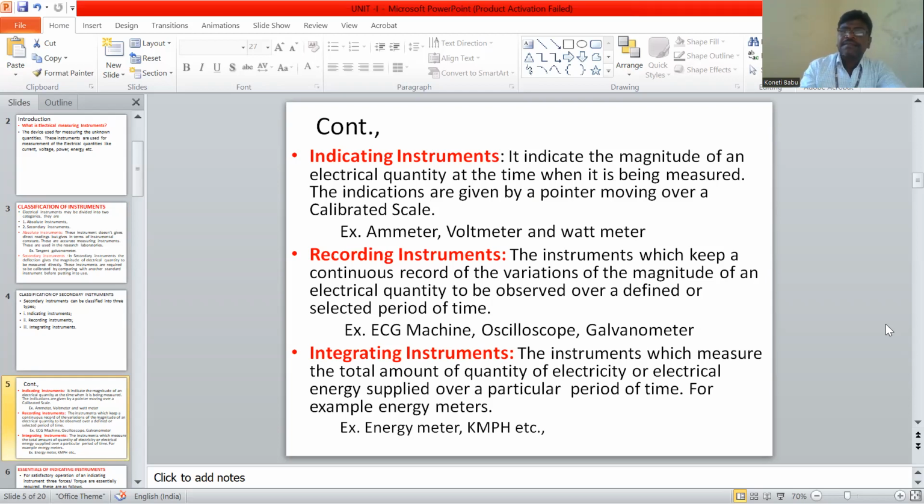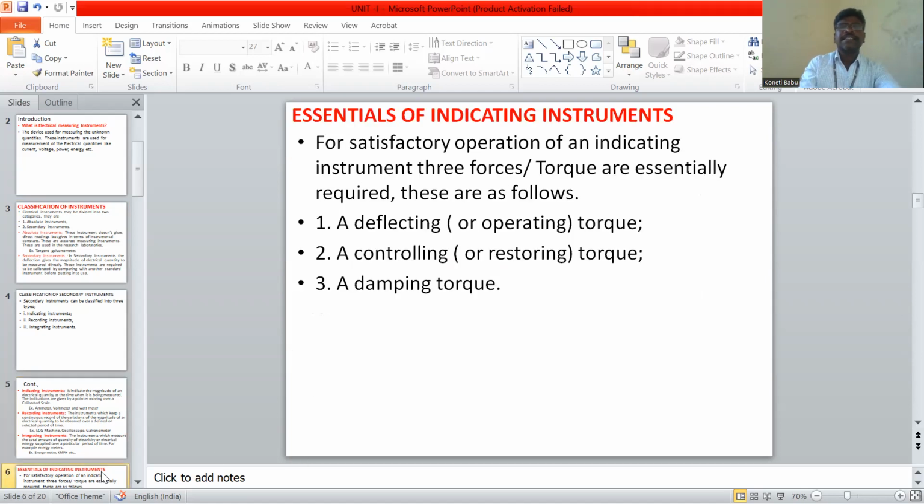Then the next topic is the essentials of indicating instruments. What operating systems are required for the satisfactory operation of an instrument? Three types of torque, or force, are required to operate the instrument satisfactorily: the deflecting torque, the controlling torque, and the damping torque.